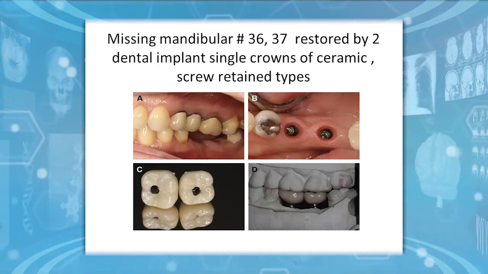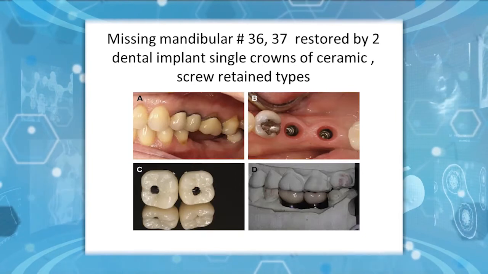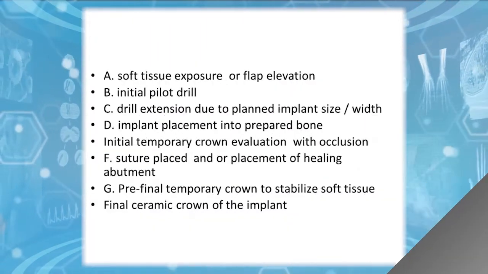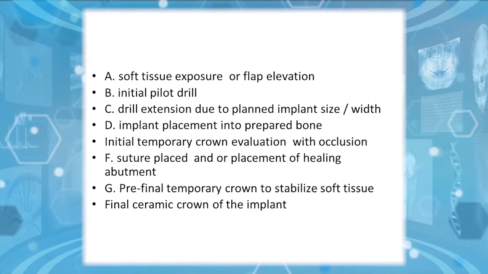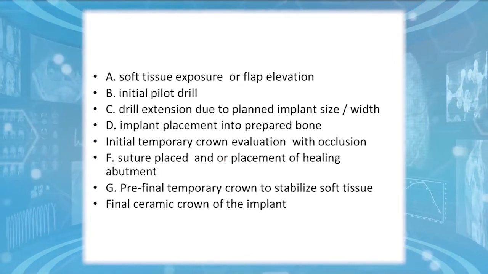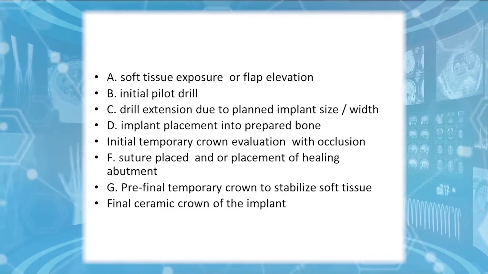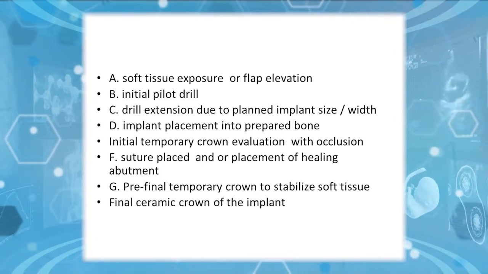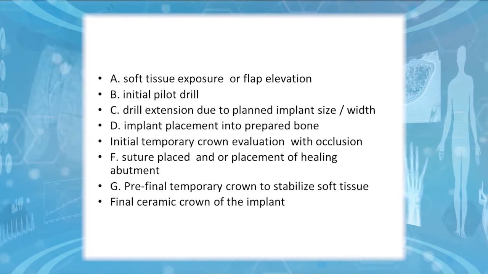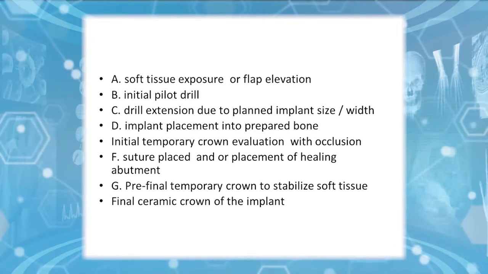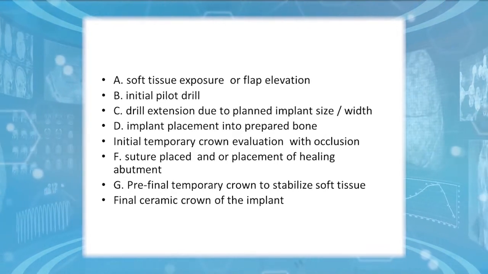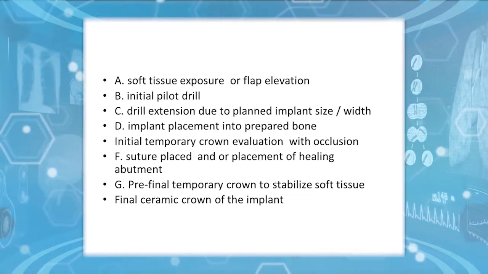You see the crowns have holes inside. They will be screw-retained zirconia crowns. You can see the last image, D. These are the steps: soft tissue exposure, initial pilot drill and extension, implant placement in the prepared bone, a temporary crown to stabilize the tissues and the occlusion as well, sutures placed, and the final crown of the implant.